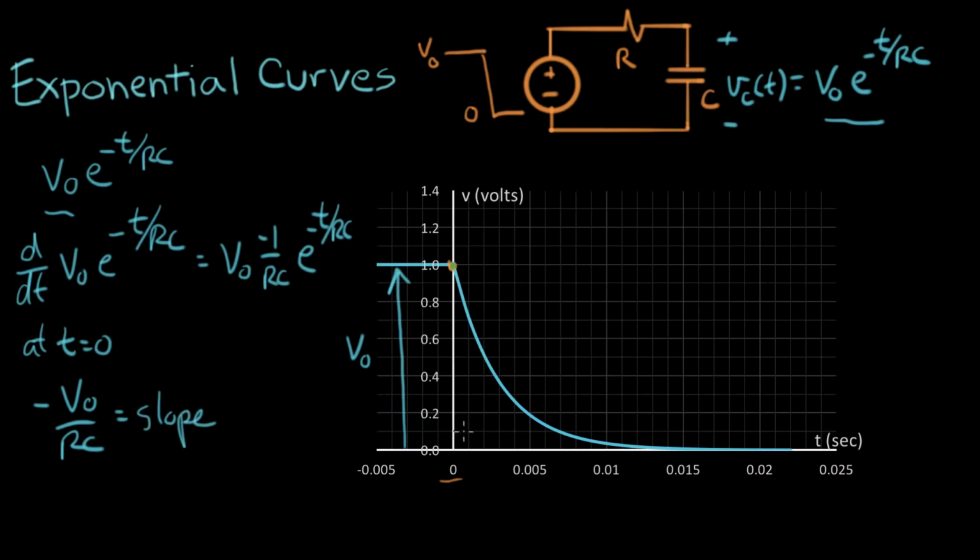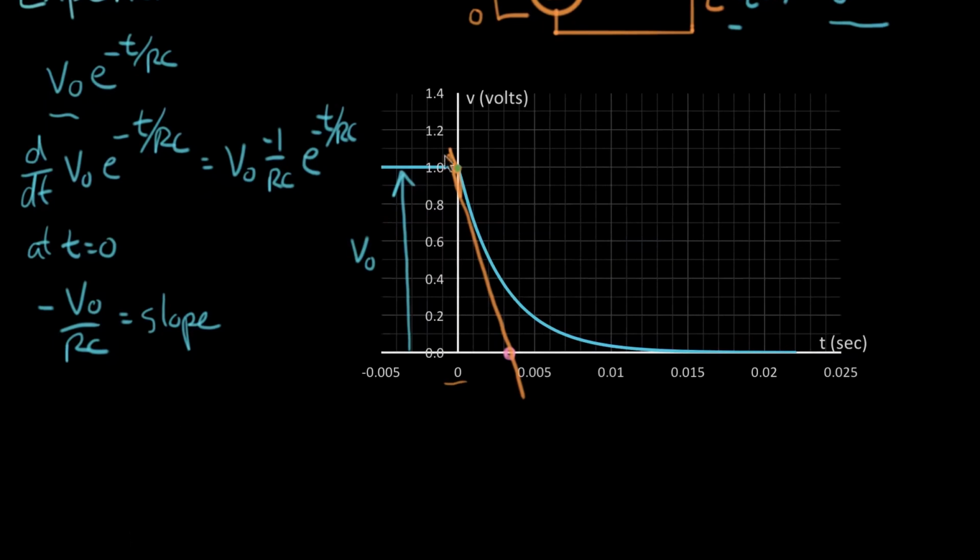That's what that slope looks like, that tangent line to the curve. Now the next thing I want to do is take this line and extend it all the way down till it crosses the time axis. And the next question we're going to ask is, what is this point right here?